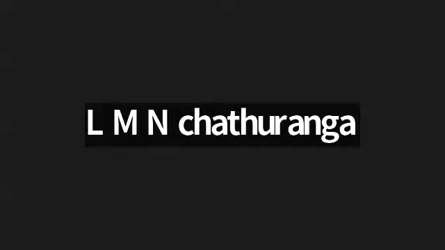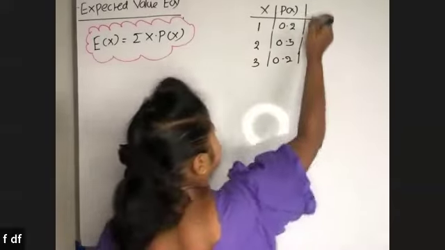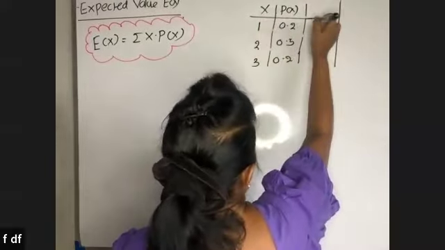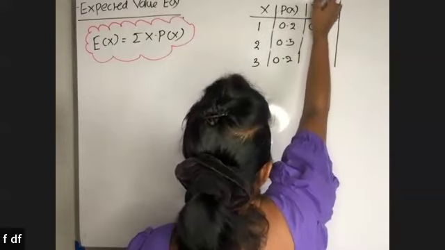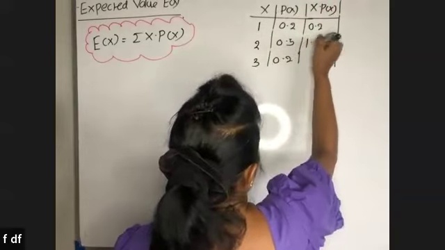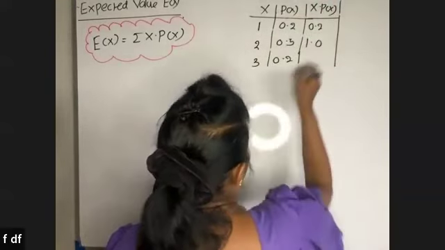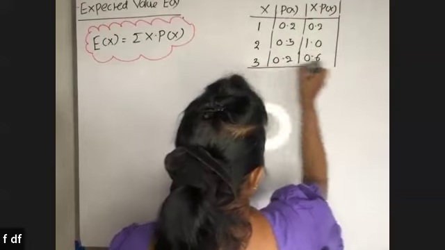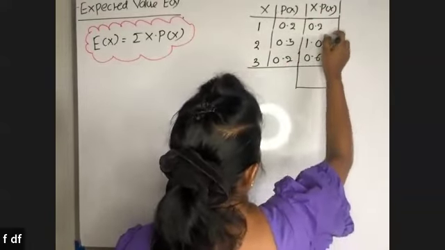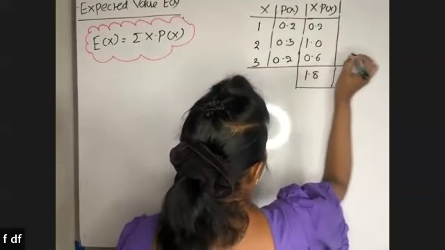What is the expected value? We multiply each value by its probability: x into p(x). 1 into 0.2 is 0.2, 2 into 0.5 is 1.0, and 3 into 0.2 is 0.6. Now the total of that is 1.8.